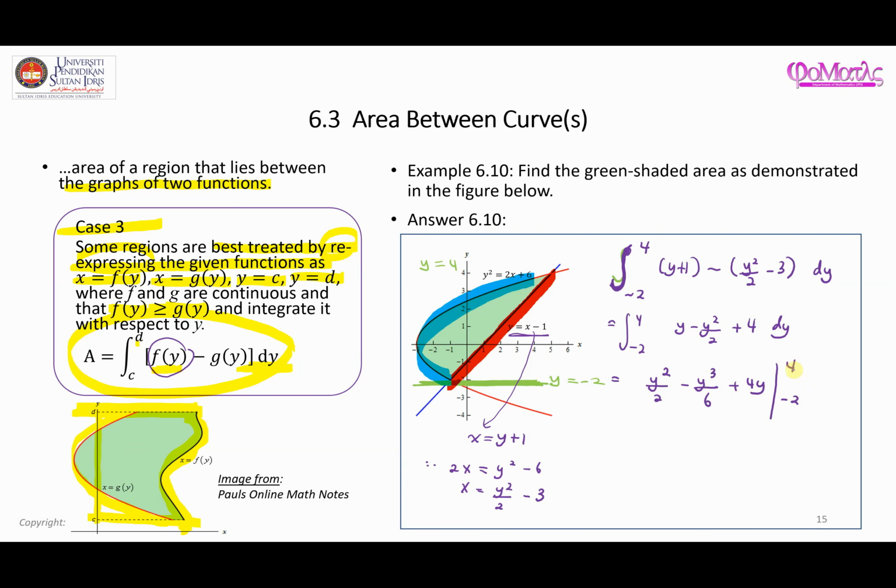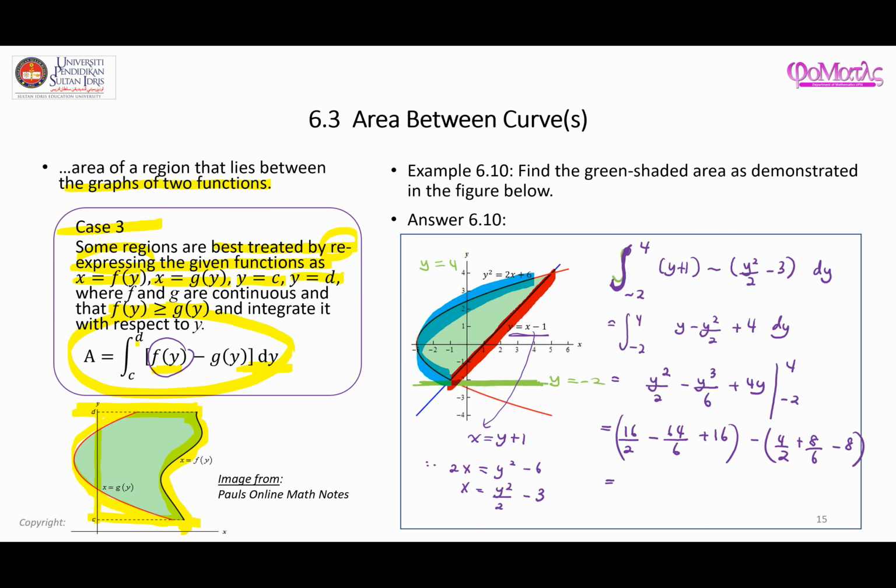Next, you substitute 4 into this expression, so you will get 16 over 2 minus 64 over 6 plus 4 times 4, which is 16. Next, subtract the result of substituting negative 2 into this expression. You will get 4 over 2 minus negative 2 to the power of 3, which is negative 8, so plus 8 over 6, and minus 8.